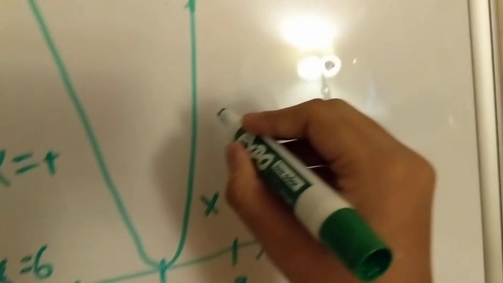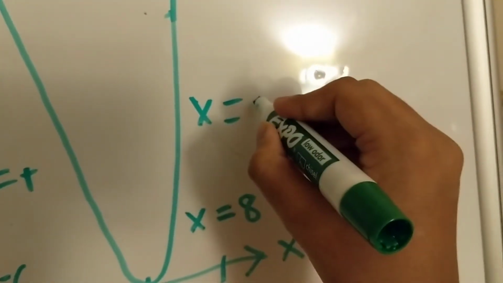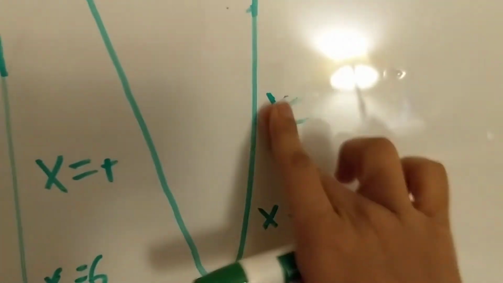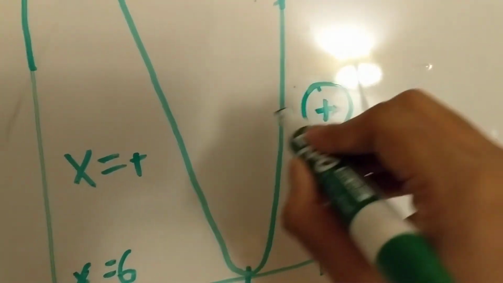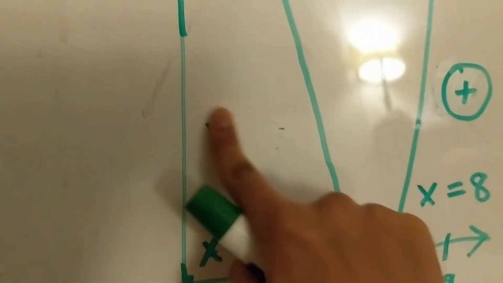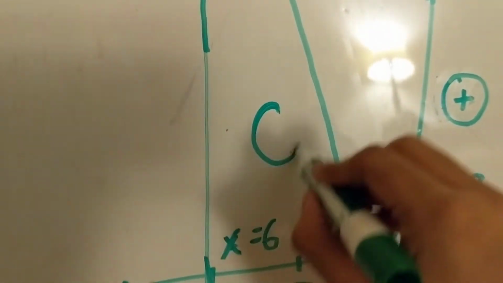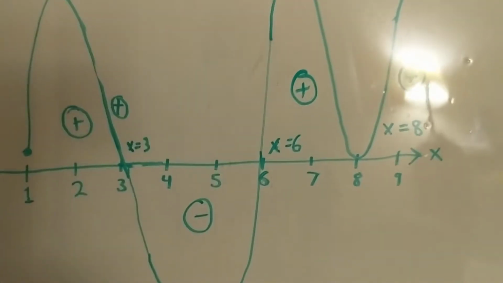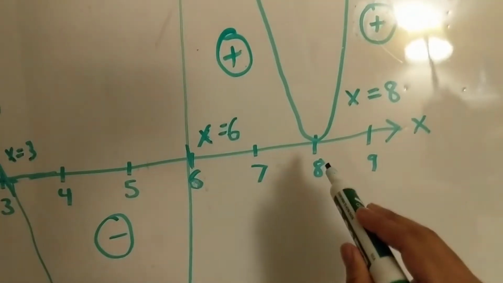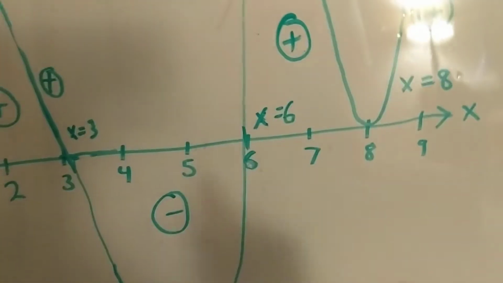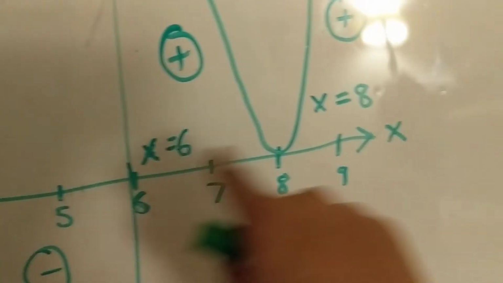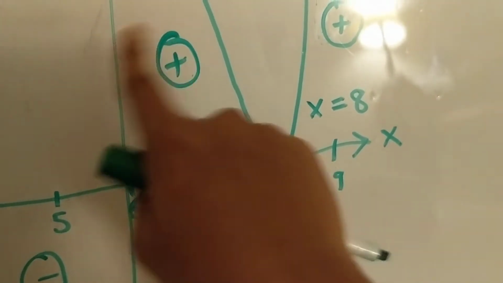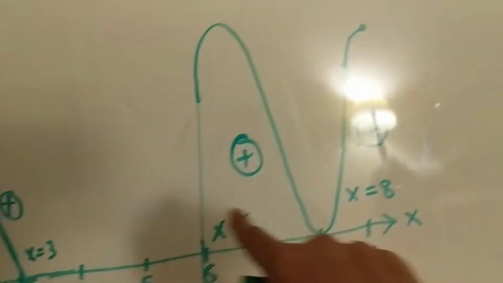And right here, it is still positive. So we got a bunch of positive areas, and we got negative areas. And how we basically find out the different regions is we look at the critical points, and we look in the regions between critical points. And that's how we use a sign chart.